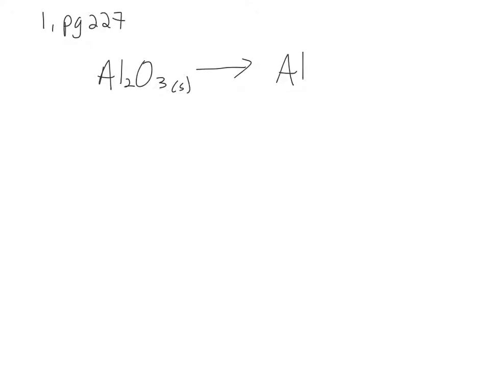So we're going to do question 1 on page 227. We've got aluminum oxide can be decomposed to produce elemental aluminum and oxygen gas.